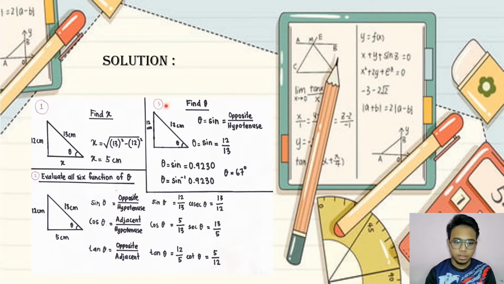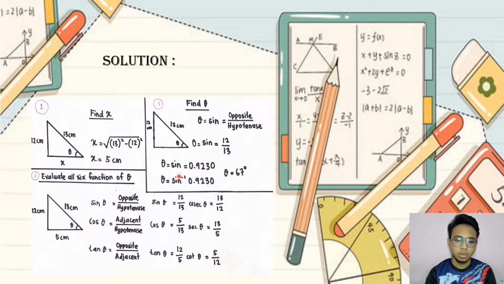Next, find theta. This is the triangle of the picture of question 1. Theta uses sin because the given opposite is 12 and the hypotenuse is 30. So sin equals 12 over 30.